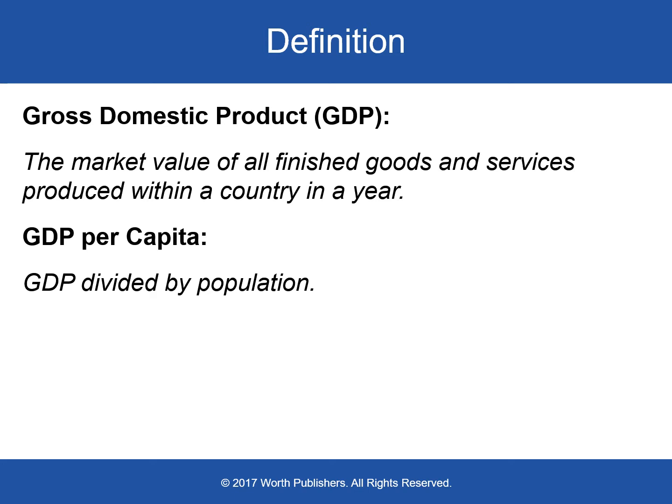Market value means that the goods and services we're focused on are goods and services which enter some kind of national market. They're traded, they're bought at a store, they're bought at a supermarket, they're bought when you go to the dentist. You know, there's an exchange between strangers, basically. Strangers are trading with each other.